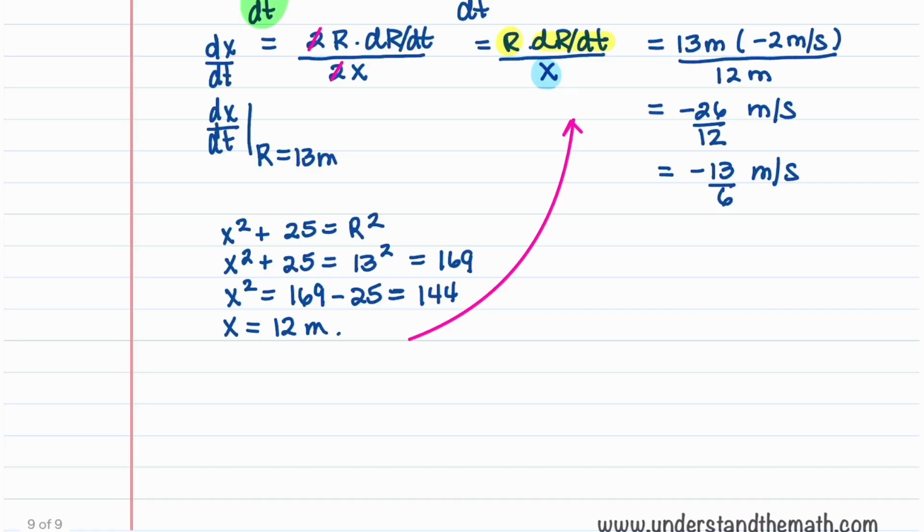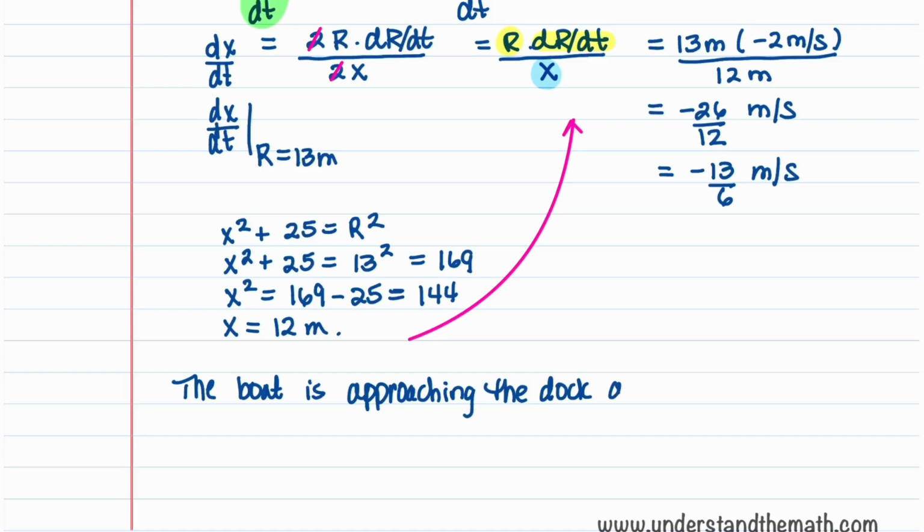And we can write our answer and say that the boat is approaching the dock at 13 over 6 meters per second. And let's go ahead and highlight that answer.